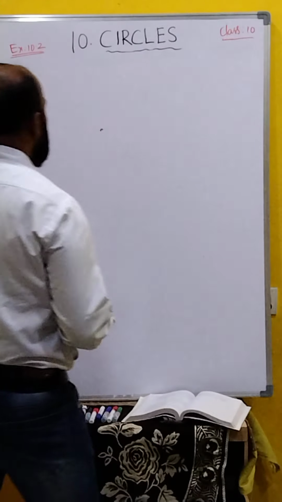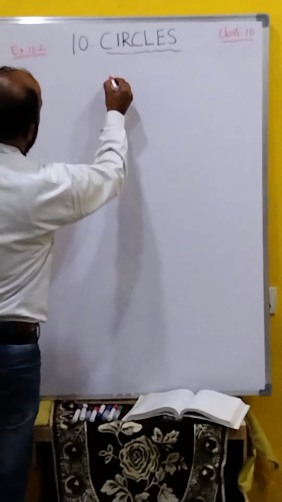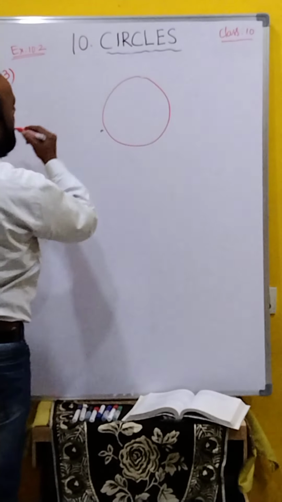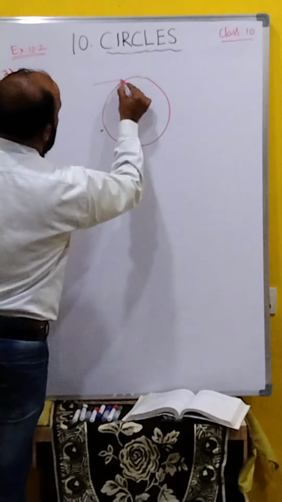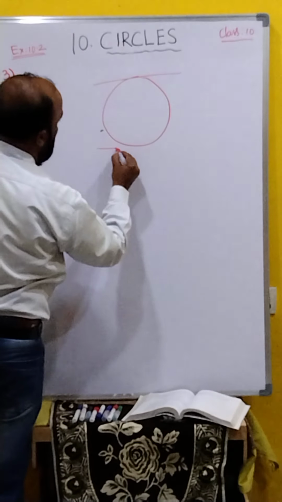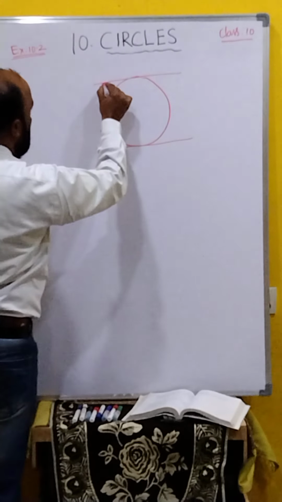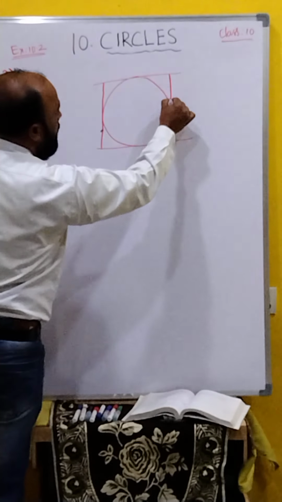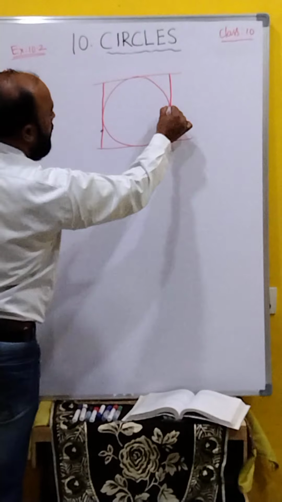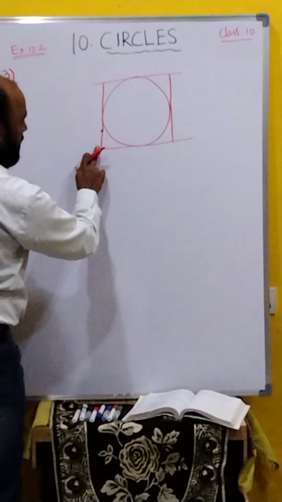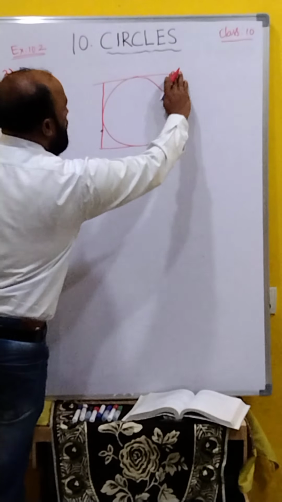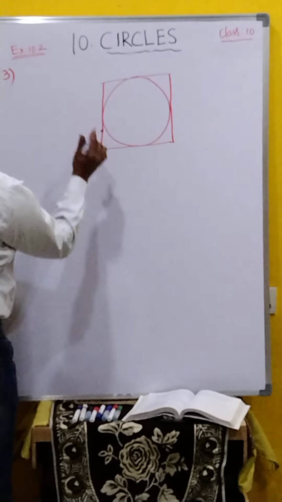Clear, children? First, from the information, first draw the figure. Circle is circumscribing. It's a quadrilateral. Then suppose I am assuming ABCD is the quadrilateral.